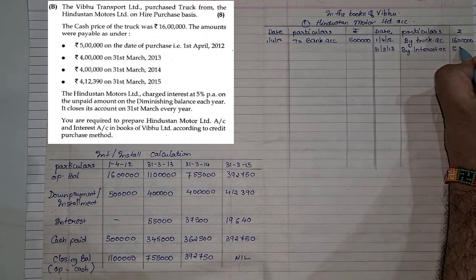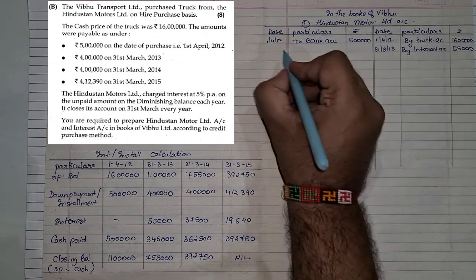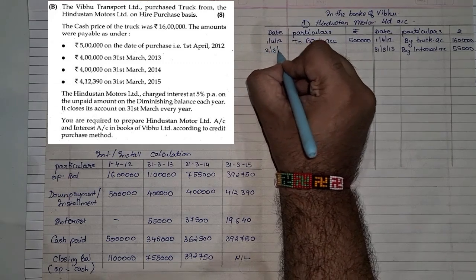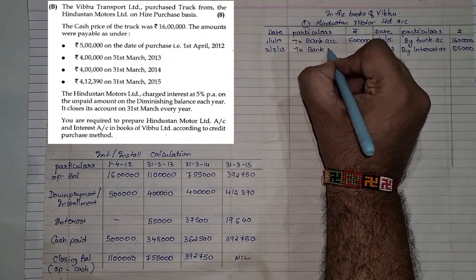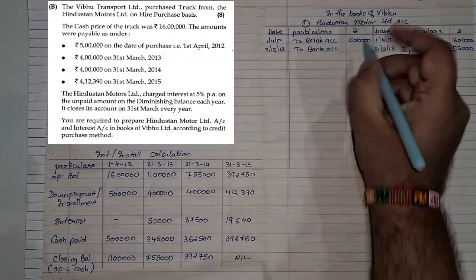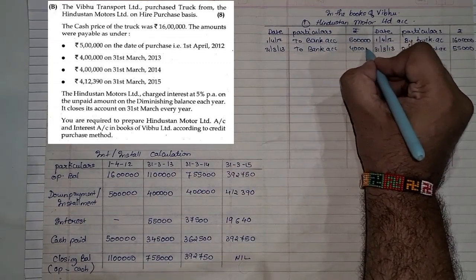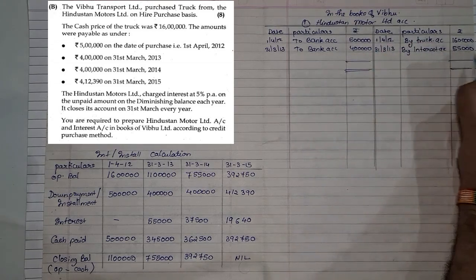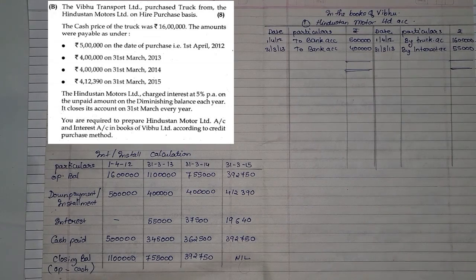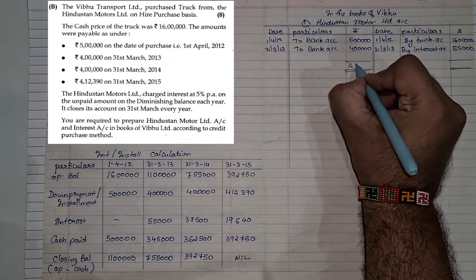So I'll write here 55,000. On the same day, 31st March 2013, we made our first installment. So to bank account 4 lakhs. This only happened in the very first year. Now we will tally the account. So we have 16,55,000 on both sides.